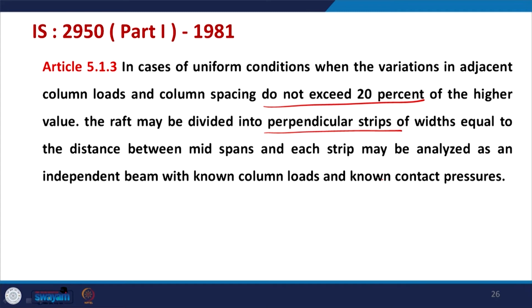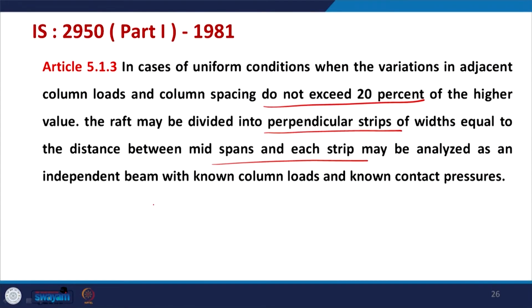So, these are the conditions for what we have discussed as rigid foundations, or the conventional method, and if you have beams running in two directions, this further simplifies the analysis. How is it simplified? The variation in the column loads does not exceed 20%, and then each strip between mid spans may be analyzed as an independent beam with known column loads and known contact pressures.